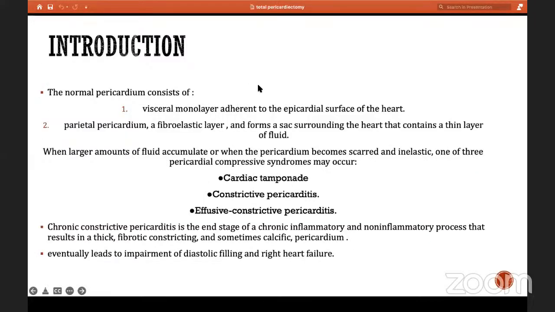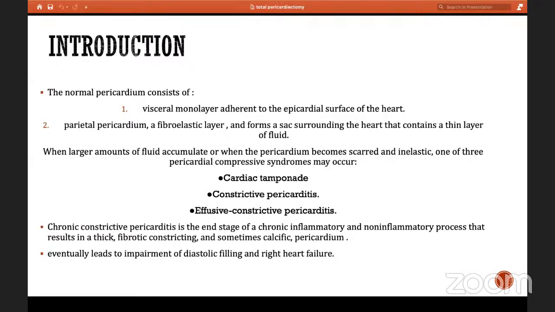As a brief introduction, I'm going to talk about the anatomy of the pericardium, which consists of the visceral monolayer, which is adherent to the epicardial surface of the heart, and it is continuous with the parietal pericardium, which is a fibroelastic layer and forms a sac, known as the pericardial sac, that surrounds the heart and contains a thin layer of fluid.